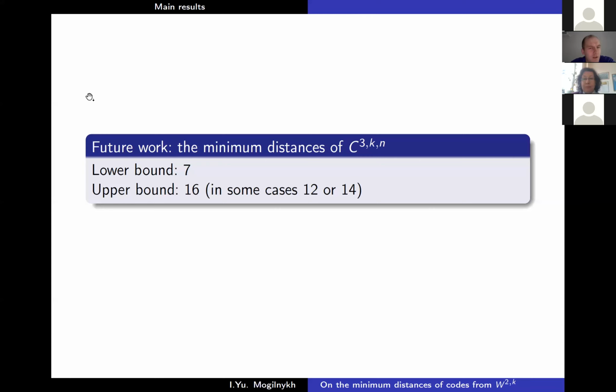From a theoretical point of view, actually, we have reached quite a limit in my opinion. So I suggest that we try some linear programming approach here, using a computer, maybe. I see, okay, thank you.